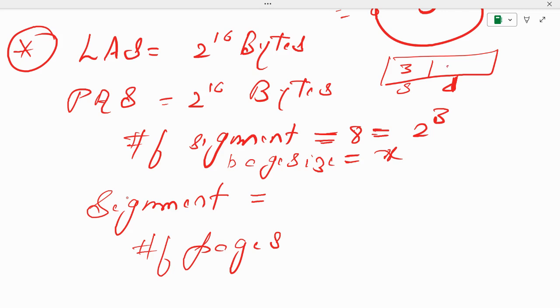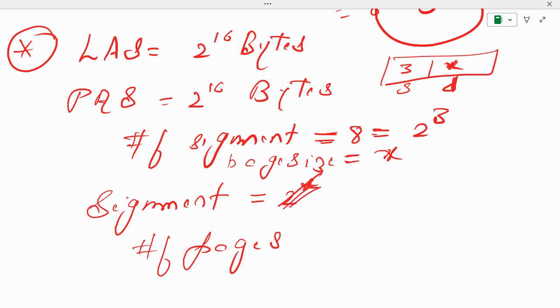So let's say we are using X bits to denote the D, so segment size becomes equal to 2 to the power X, right? So this segment size becomes equal to 2 to the power x, and from here we can calculate D also, right? I mean, just a second.